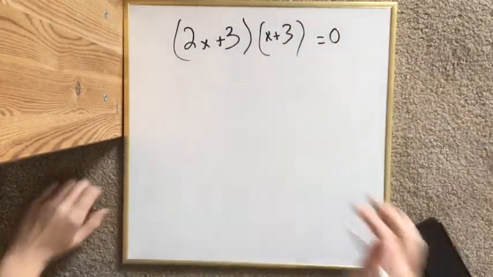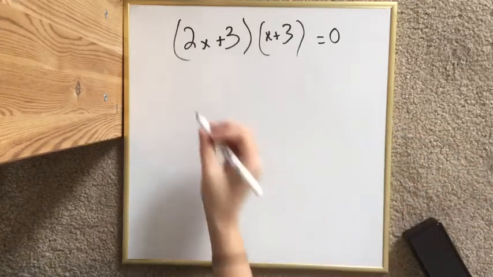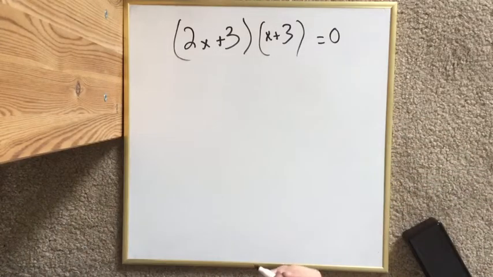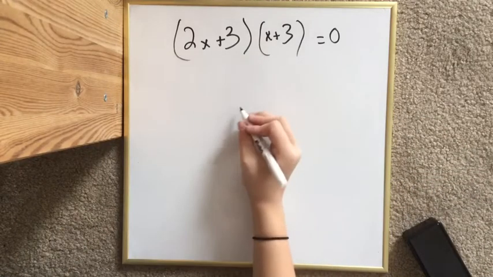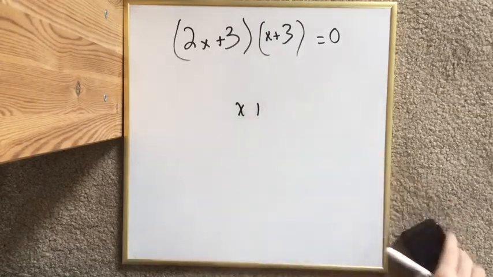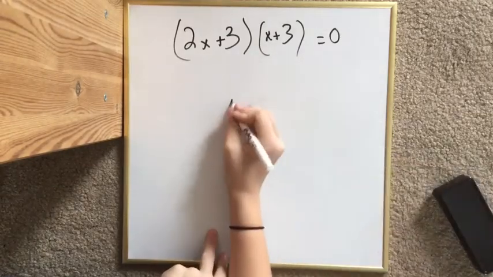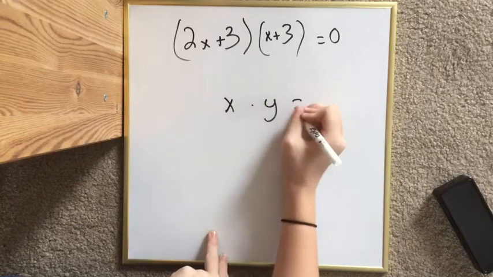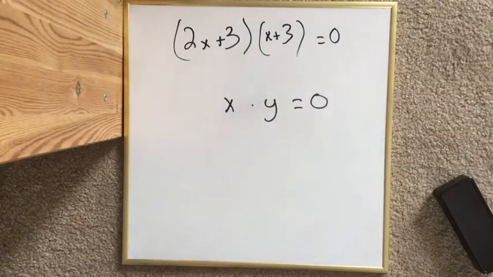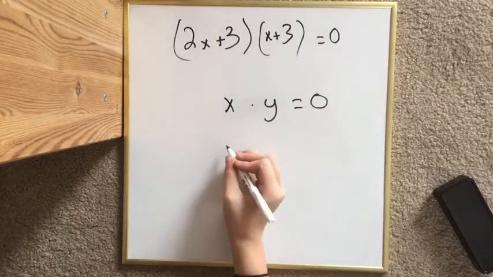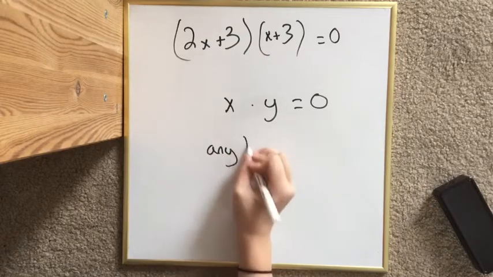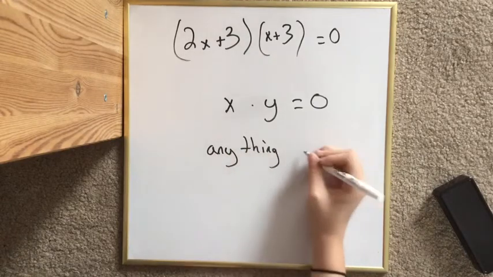Because in this case, since it equals 0, we want to find x, okay? So if you have anything times something and it equals 0, one of the two things has to equal 0. So let's say we had x times y equals 0. Well, since anything times 0 is 0, we know one of them has to be 0.